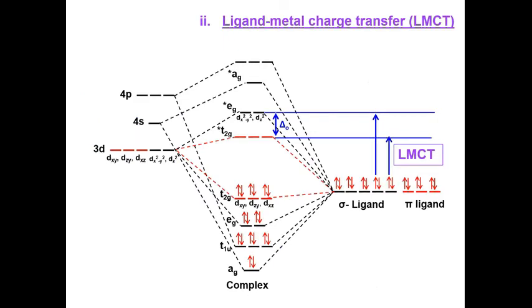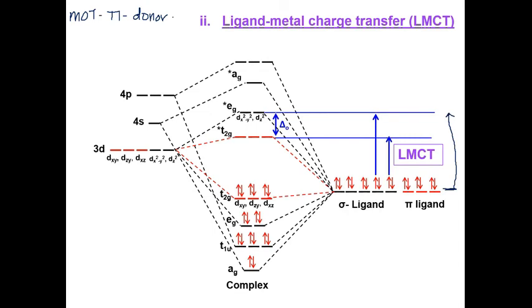If you look at the LMCT MOT diagram here, you can straight away know this MOT belongs to pi receptor ke donor, pi donor ligand. So the charge transfer spectra for LMCT is between this energy level towards the metal energy level.